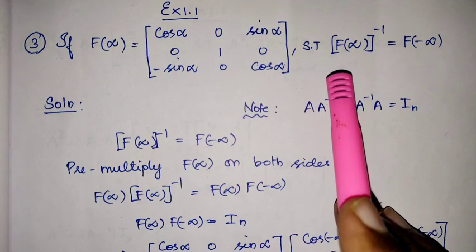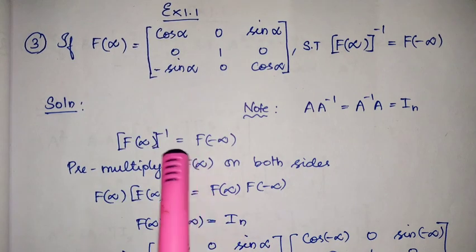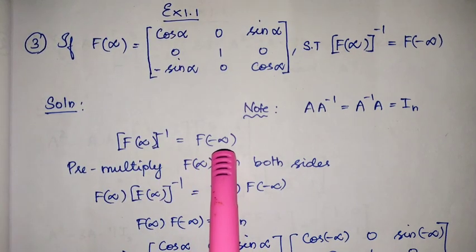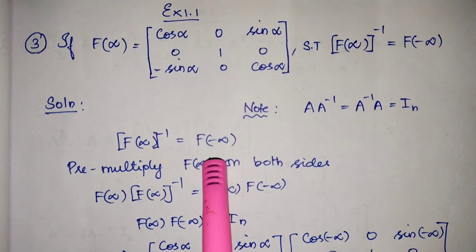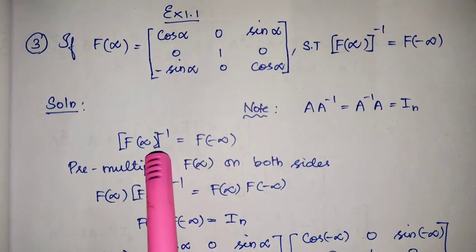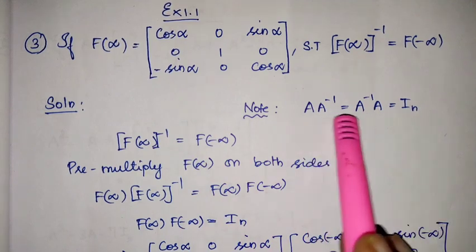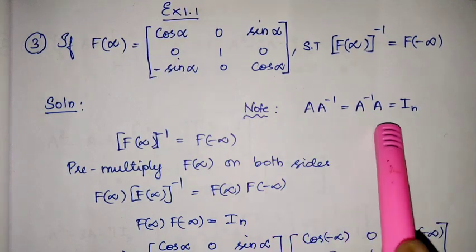Now in the question you are asked to prove this, isn't it? F of alpha the whole inverse is equal to f of minus alpha, isn't it? Now finding the inverse is a little bit of a difficult task, isn't it? That means adjoint, and then you have to find the determinant and all. So we are going to use this particular note here.